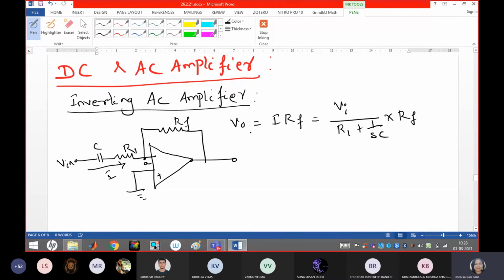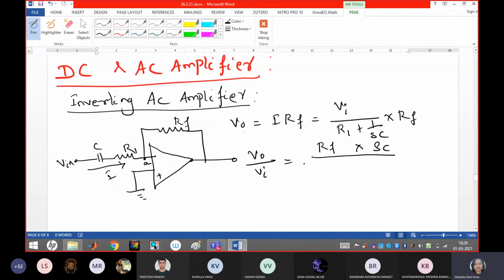So here we got our term V0 by Vi. I have to represent the equation in that term. So V0 by Vi, if I take it, the remaining term is RF whole divided by R1 plus 1 by SC. But I want my equation in terms of RF by R1, not in this form. So how do I make it? RF whole divided by, this is RF into SC, guys.